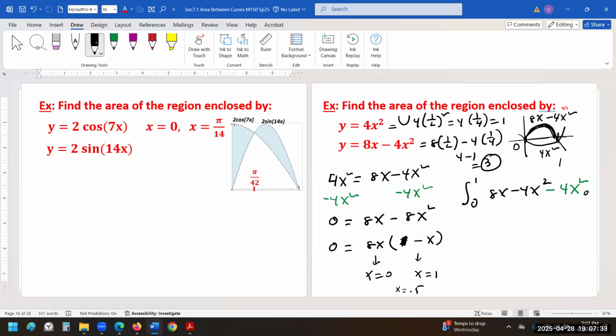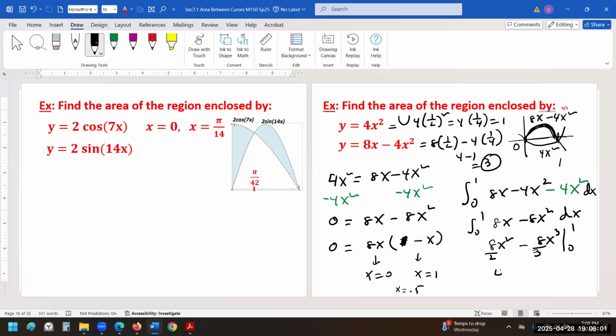We are taking the antiderivative with respect to x. So from 0 to 1, 8x minus 8x squared dx. We have 8x squared over 2 minus 8x cubed over 3 from 0 to 1, right? When it's 0, everything is 0, so you can skip the 0.